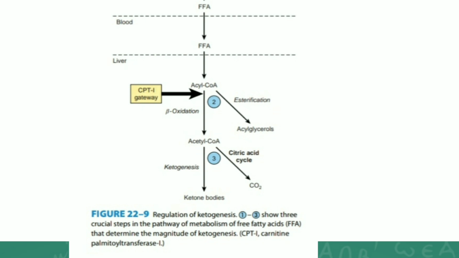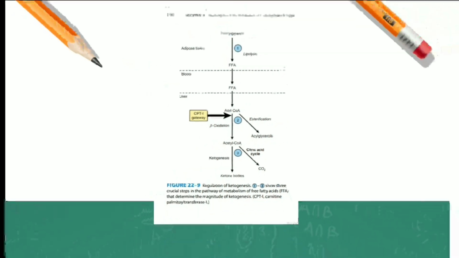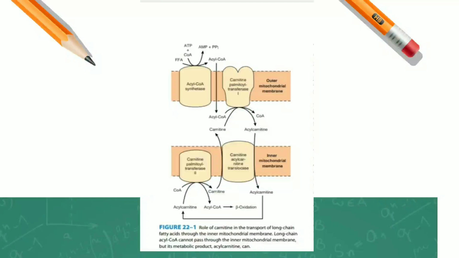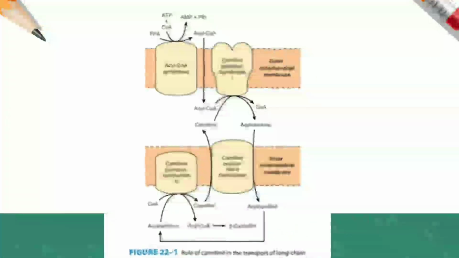The end product will be the ketone bodies. Okay, so how it is happening: before beta oxidation the fatty acids are activated to an active intermediate in the presence of ATP and coenzyme A.